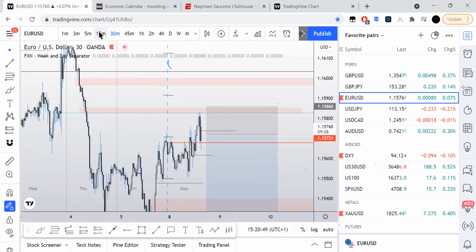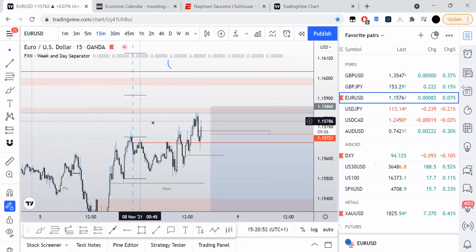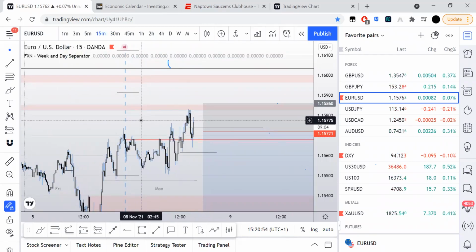For the weekly open, do you use midnight on Monday or Sunday? I use Sunday's weekly open, that actual candle. And for the regular days, like daily opens, I use the midnight.